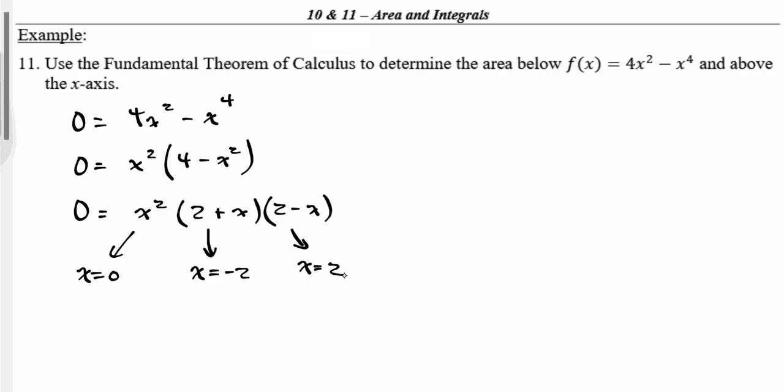Good? With this much information and with your understanding of Math 30-1, you could sketch a graph of this. Multiplicity and behavior. Why don't you sketch a graph?